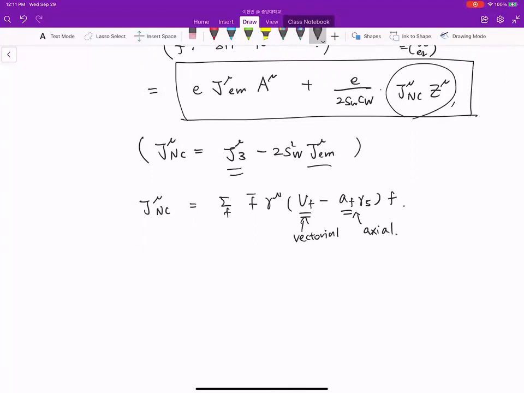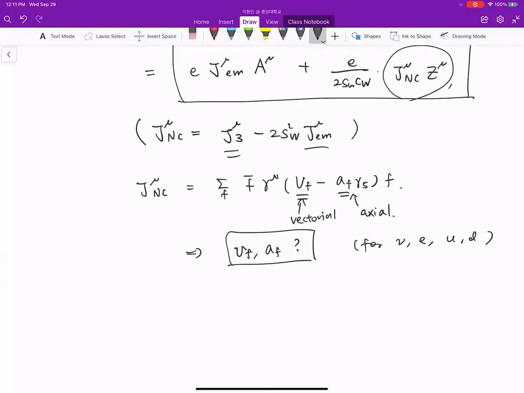And in this case, F is a Dirac spinor. You can see the tables. Can you take a look at what this value is for neutrino, electron, and up and down?